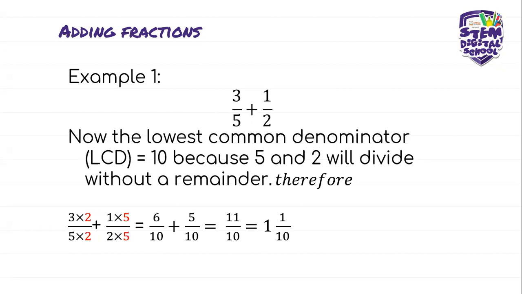Yes, when it is an improper fraction, then you can simplify it and convert it to a mixed number. Unless the instruction says you can leave it as a common fraction, then that's okay. But if there's no instruction, then you have to simplify your fraction.